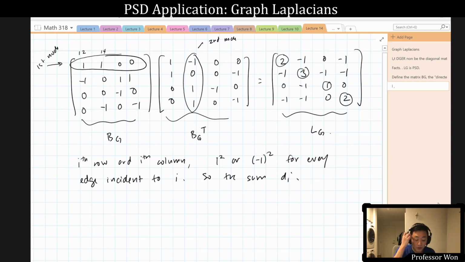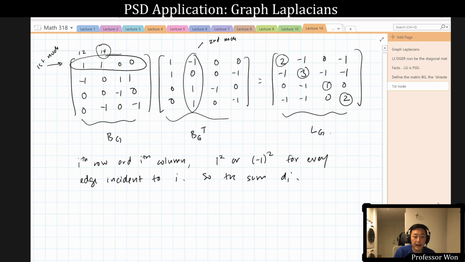And exactly the fact that 1, 2 is an edge means that wherever that edge is, in this case the first column of the matrix, you'll get a 1 in BG and a -1 in BG transpose, or you'll get a -1 in BG and a 1 in BG transpose. One of them will be 1 and one of them will be -1 when they share that edge. Every other entry, right? This was the edge 1, 4. So 1 will have a 1 there, and 4 will have a -1 there, but 2 will have a 0 there because 2 had nothing to do with that edge.